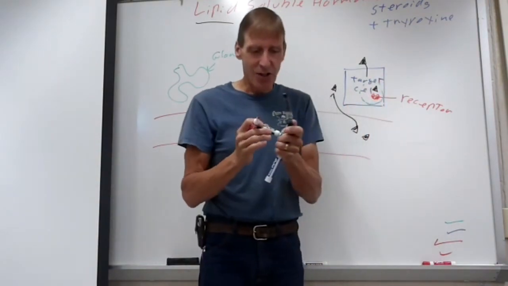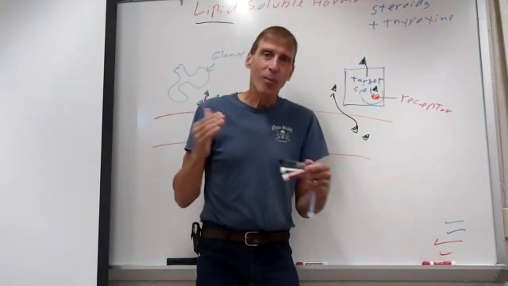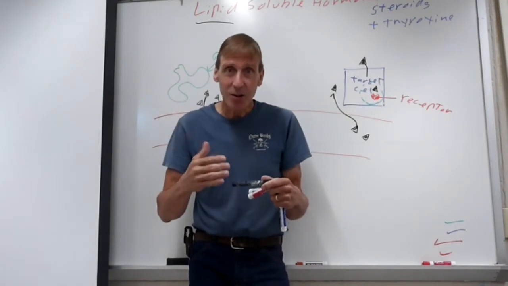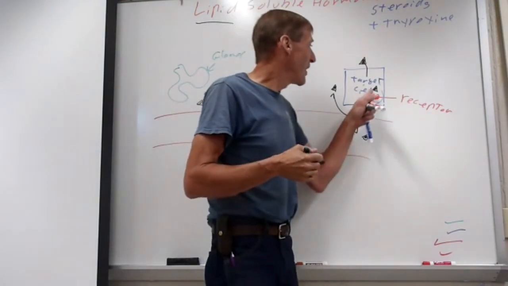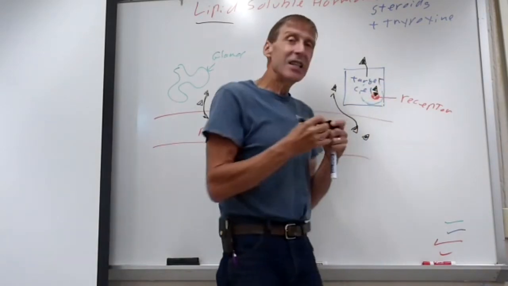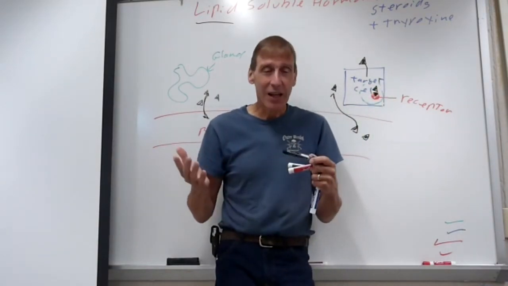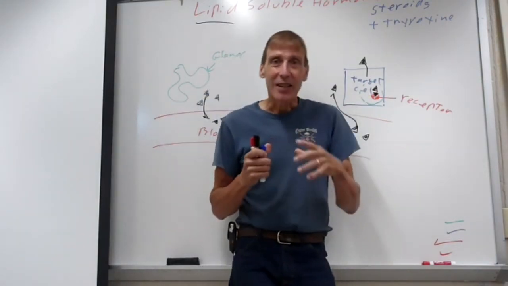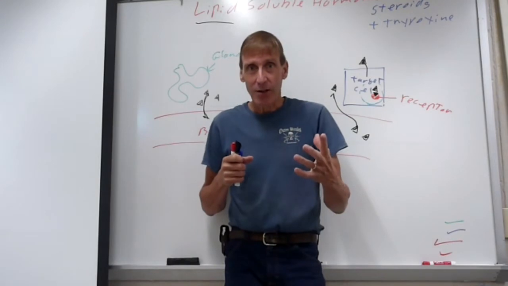Nucleus with the DNA, all the genes, that sort of thing. So lipid-soluble hormones readily enter the cell. They'll diffuse into the cytoplasm, into the nucleus of the cell, and the hormone binds to a receptor inside the cell. Typically, all the steroid hormones and thyroxine, they're all lipid-soluble, bind to a receptor in the nucleus that's usually associated with the genetic material.